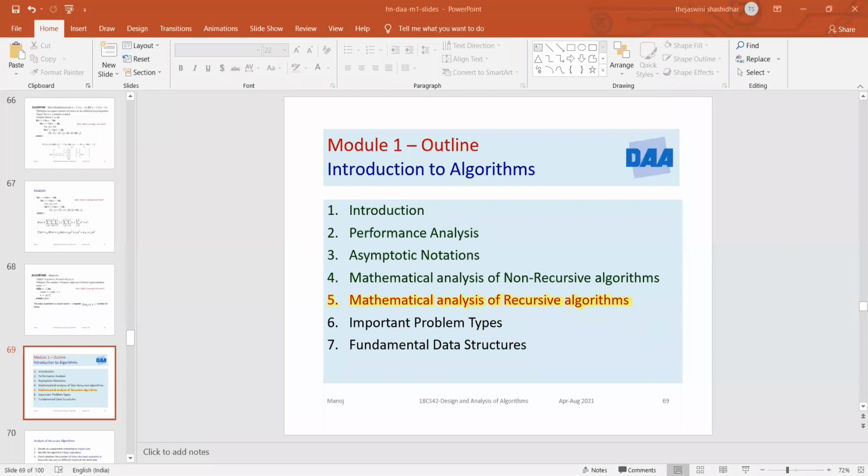Which recursive algorithms have we seen in data structures? We have seen stack and recursion in data structures. Under recursion, we have gone with some concepts. Which are those?